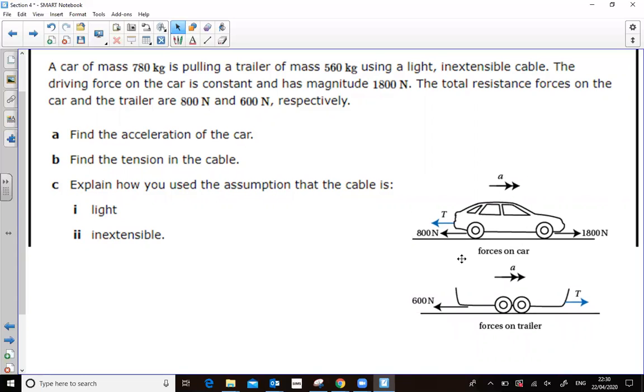So let's look at the forces acting on the car. Okay, so here we have 1,800 Newton, which is the driving force, and let's use capital D for the driving force.